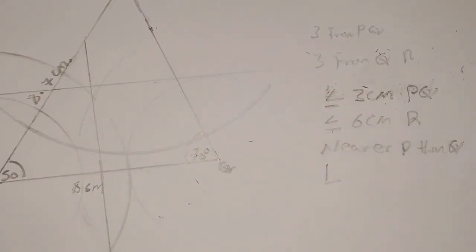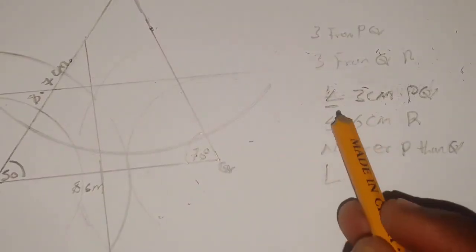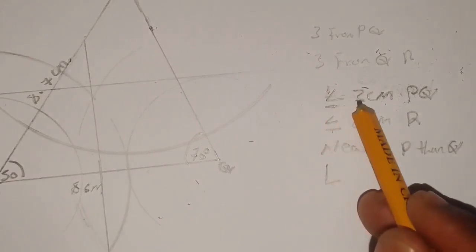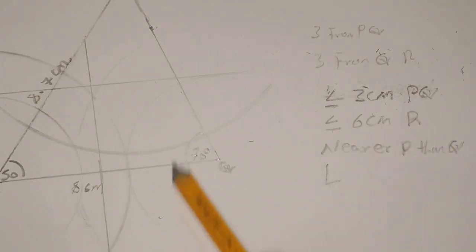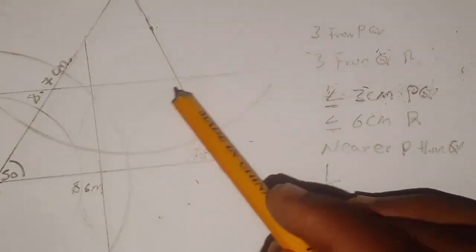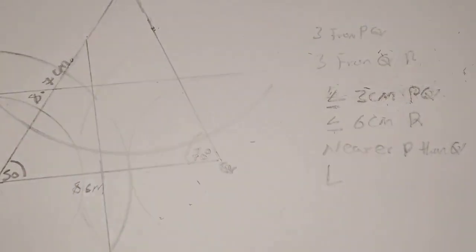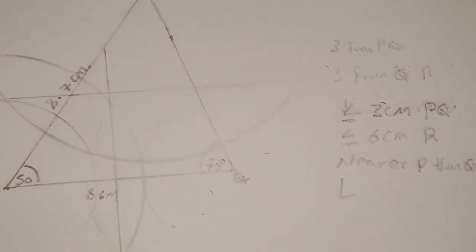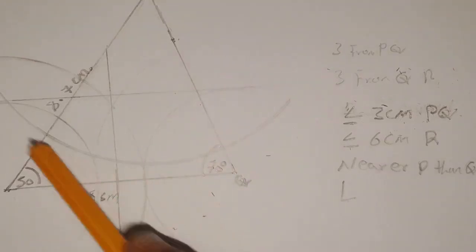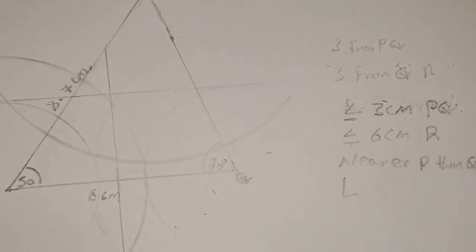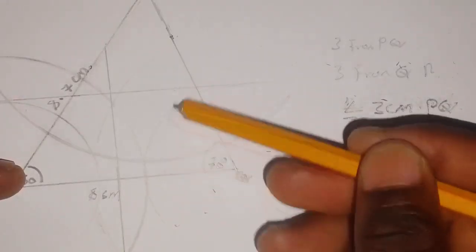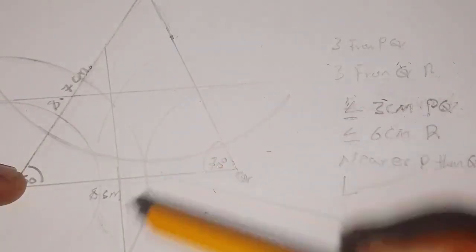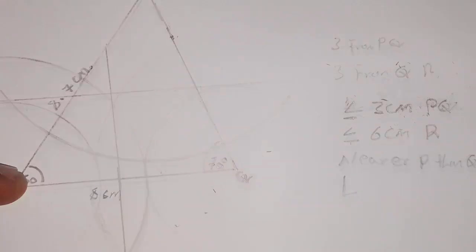So you start now. L is less than or equal to 3 centimeters from PQ. If you remember the 3 centimeters that we made, those are the two arcs that we drew. Coming down here it's less than 3 centimeters, and going up it's greater than 3 centimeters.